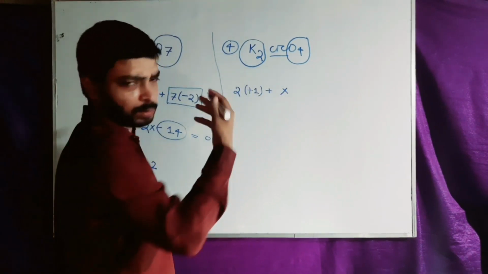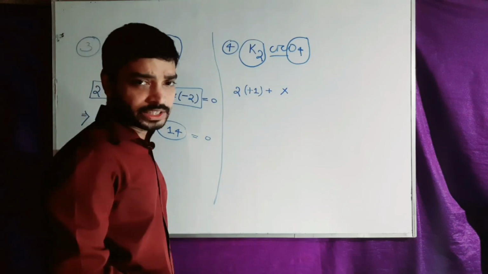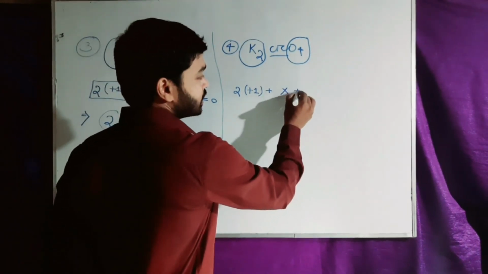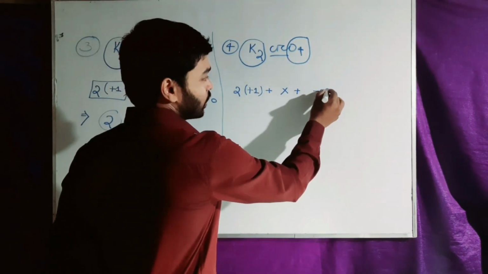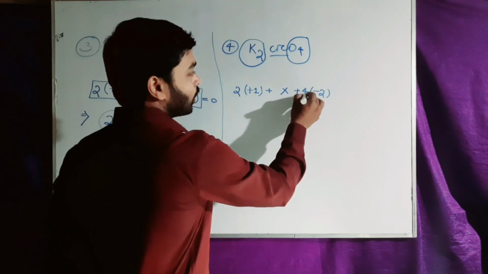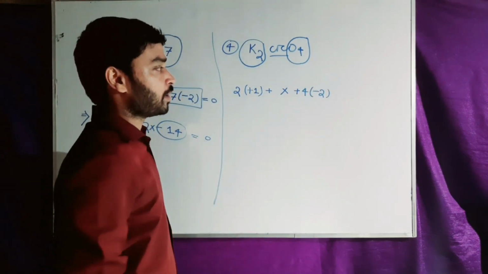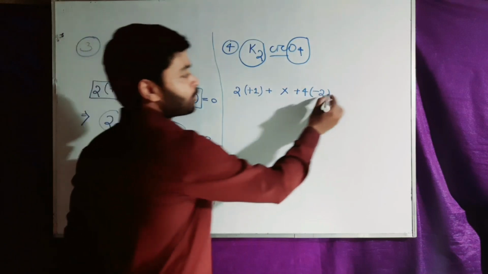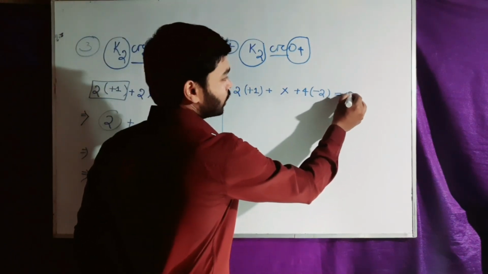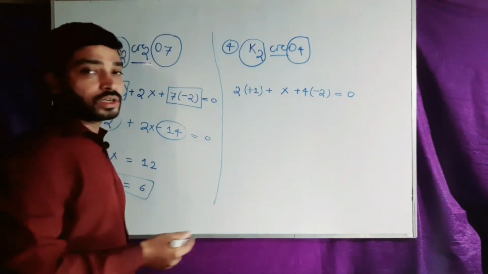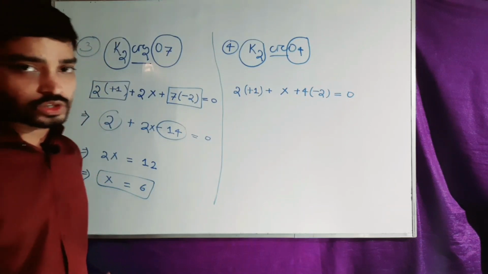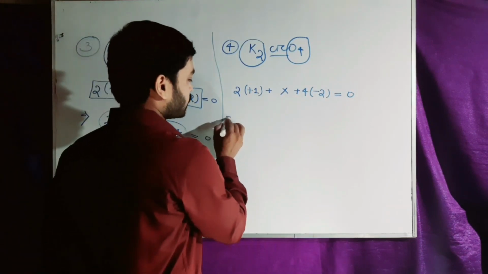You can also multiply by 1, but there is no need. For 1 oxygen the oxidation number is -2, and for 4 oxygen I multiply by 4, and the charge will also be equal to 0, because the charge over the molecule is 0, it is a neutral compound.